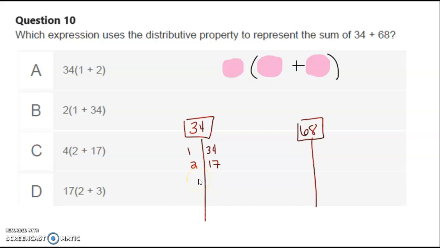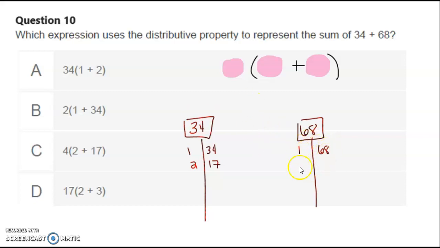Sometimes when I can't think of the numbers, I literally do 1, and then I do the number 2, and then I do the number 3. Like 3 doesn't go into it. Okay, what about 4? 4 doesn't go into it. 5 doesn't go into it. Does 6 go into it? No. 7 does not. 8, no. Okay, that's it.